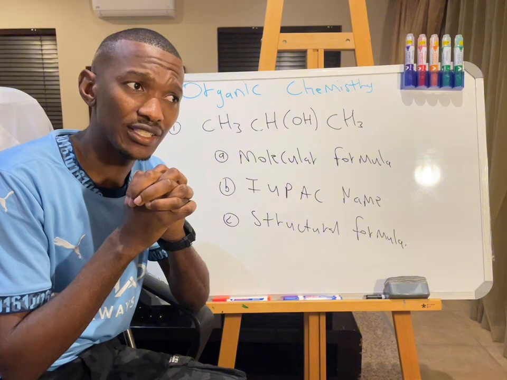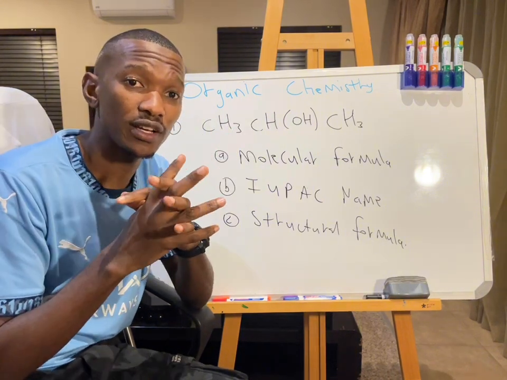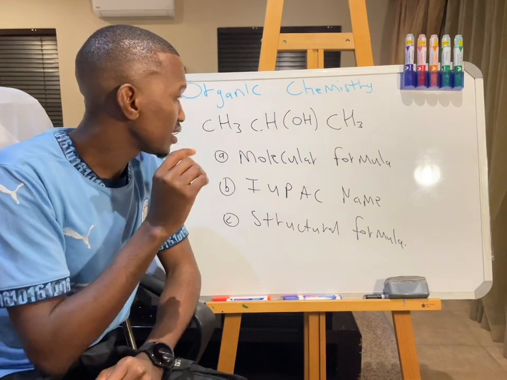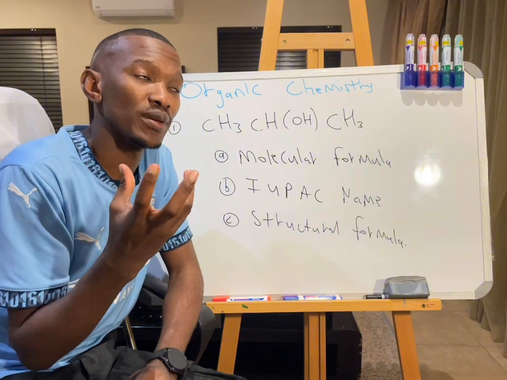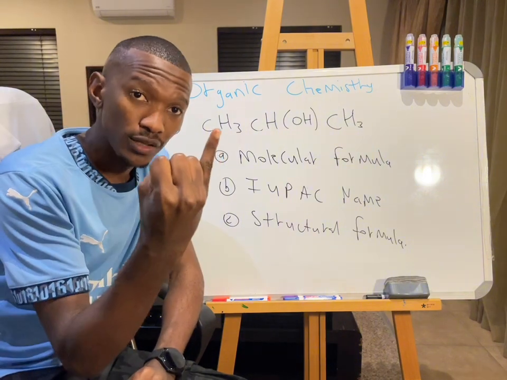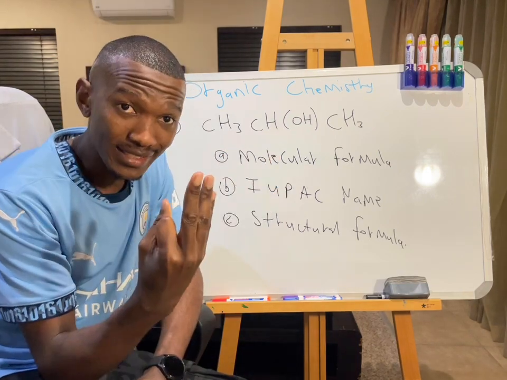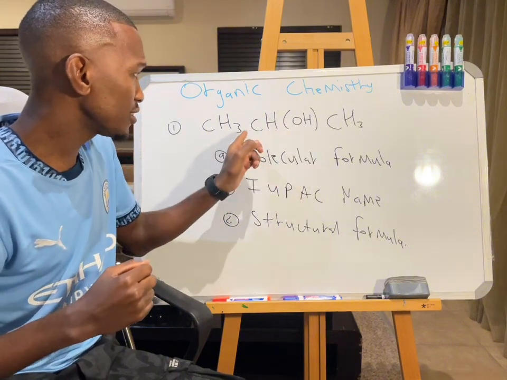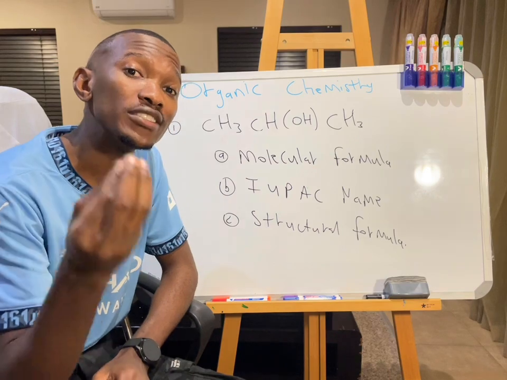Organic compounds can be represented in three ways: molecular formula, structural formula, and condensed structural formula. So the question is, am I given a molecular formula, structural formula, or condensed structural formula? I'm given a condensed structural formula.